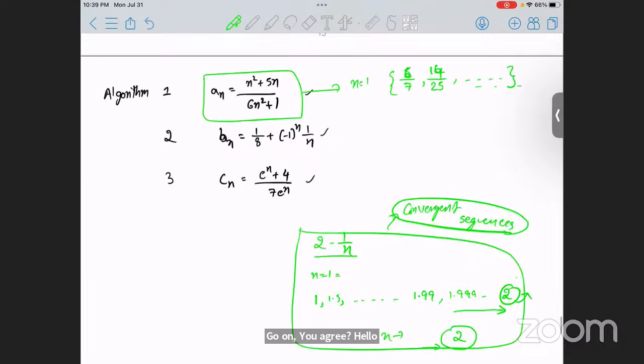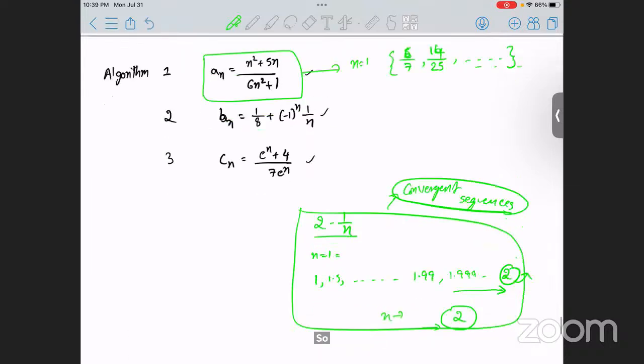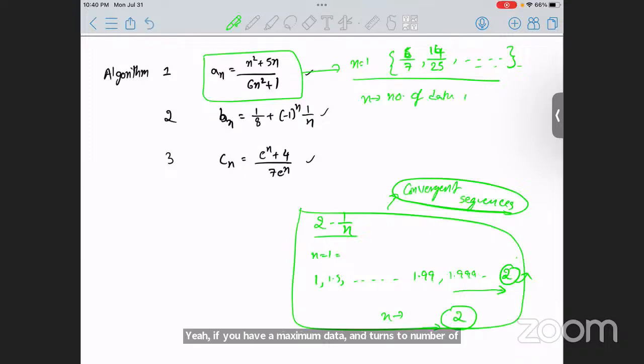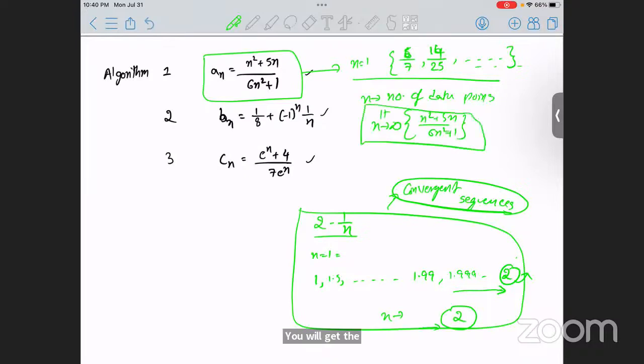If you have maximum data, that means n tends to infinity. With infinity data points, when limit n tends to infinity of (n square plus 5n) by (6n square plus 1), you will get the value of the limit, the value where it converges.